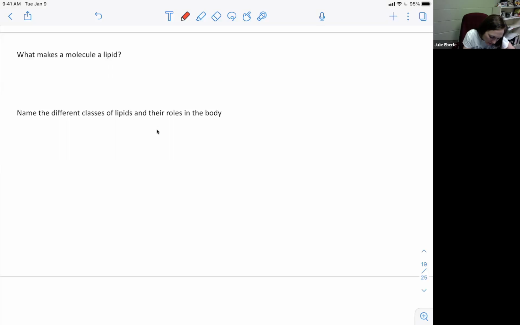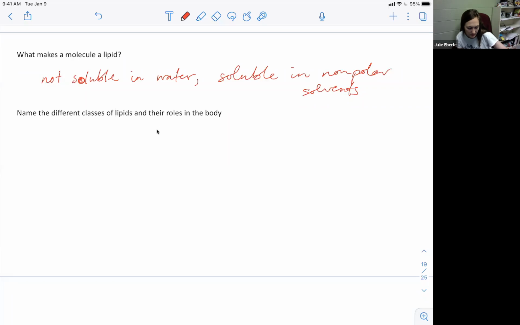It's based on solubility. The fact that it's not soluble in water, but they're soluble in non-polar solvents. Okay. That is what makes something a lipid.